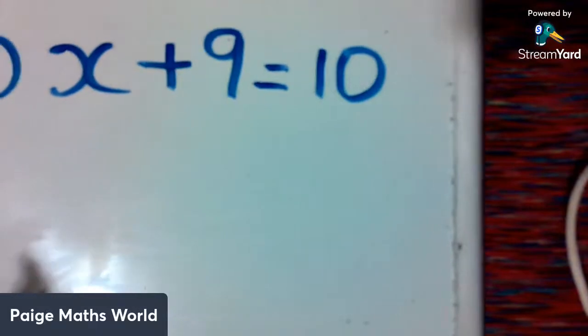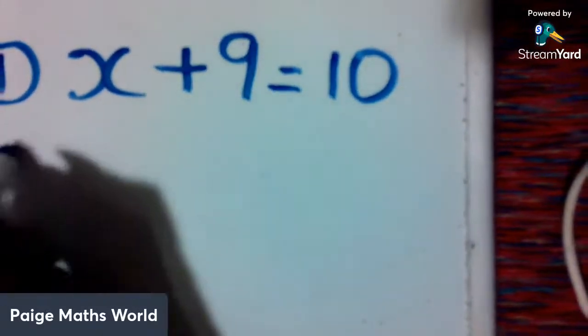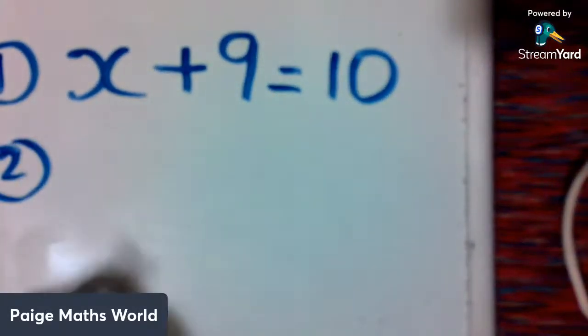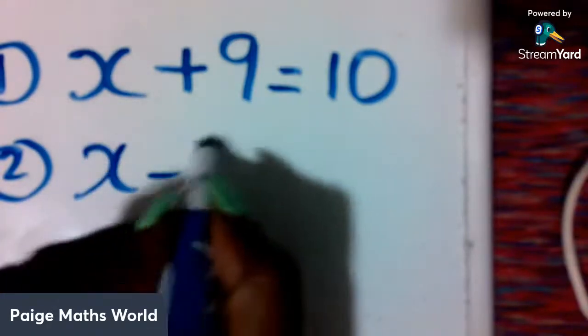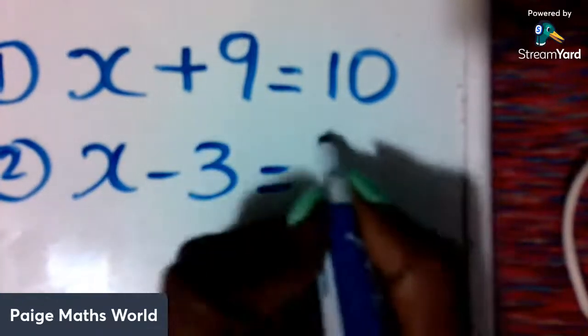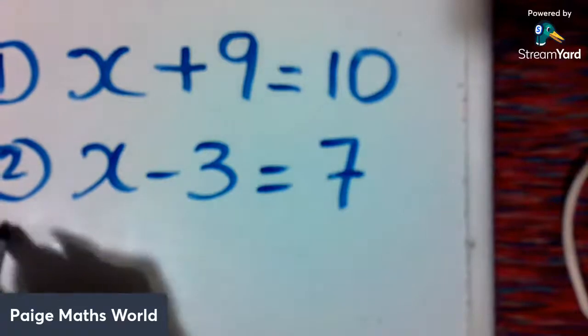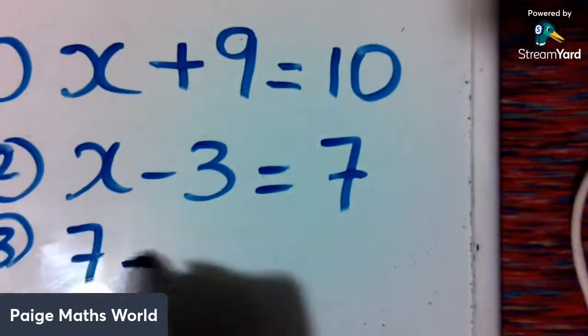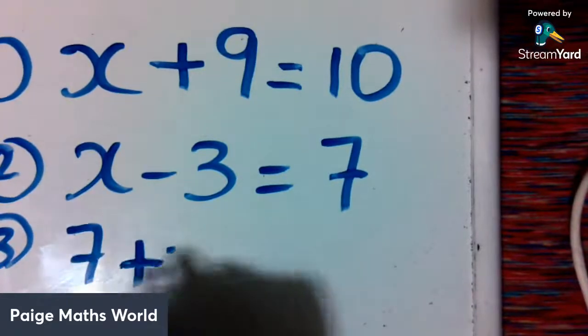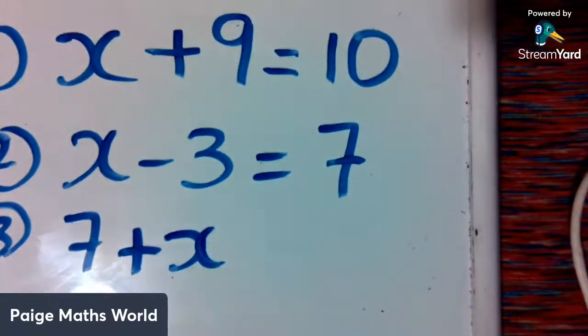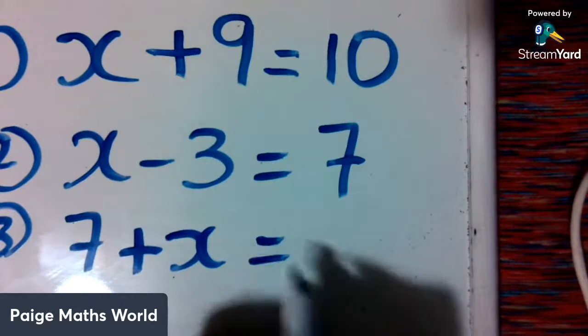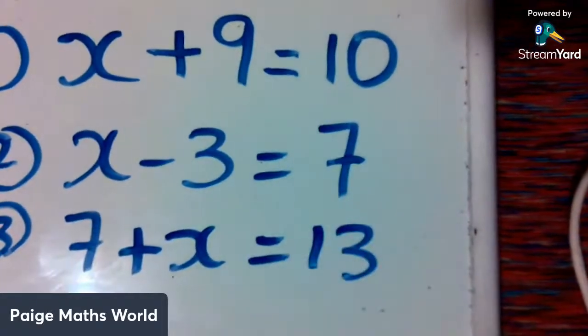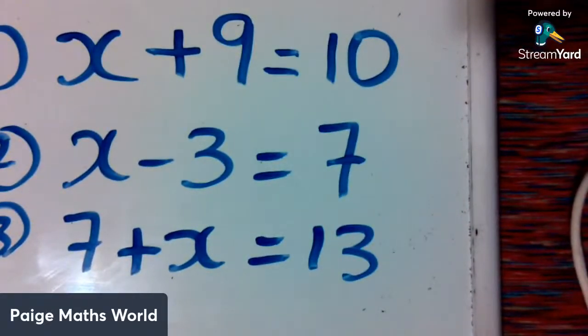Number 2, x minus 3 is equal to 7. And our final one, number 3, 7 plus x is equal to 13. Let me put plus, I don't want to confuse it yet. All right, try those for me.